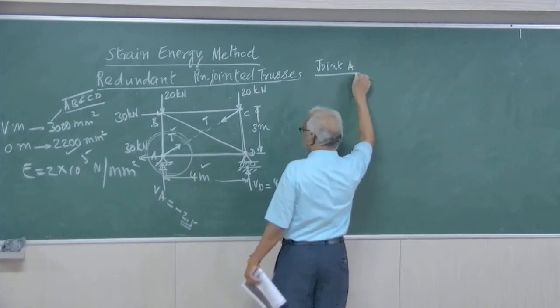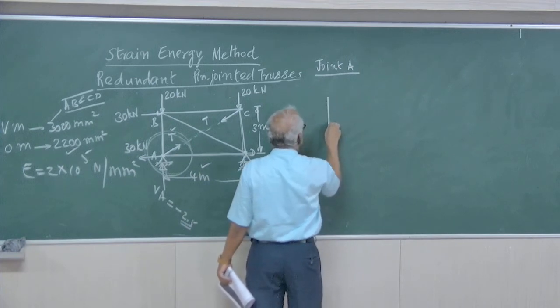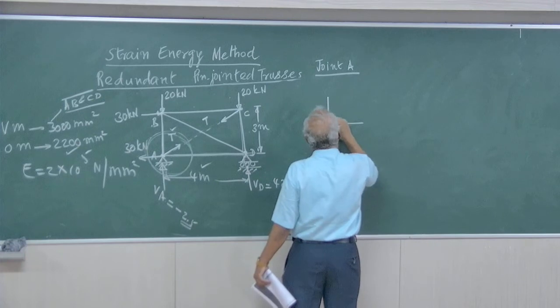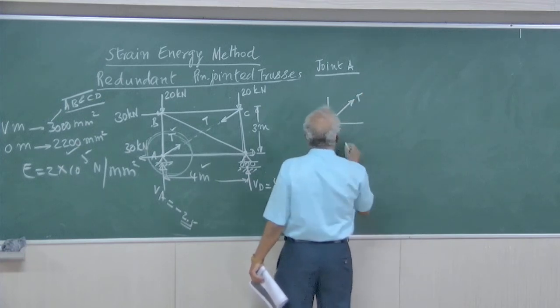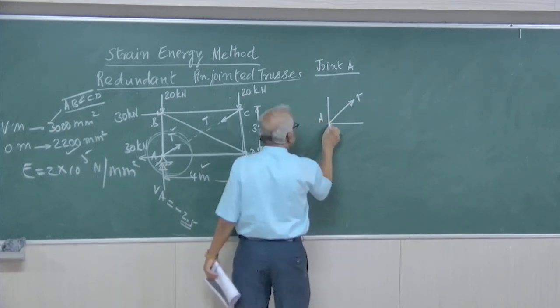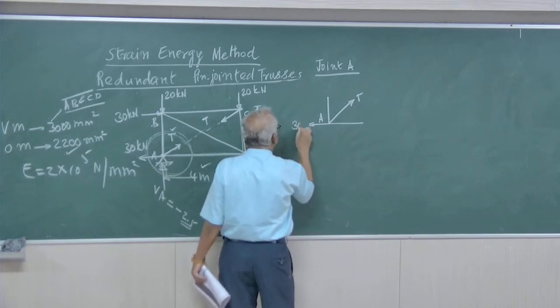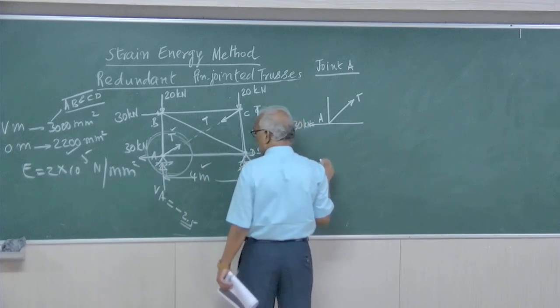So, let us take joint A. Now, at joint A, you have got a vertical member, a horizontal member, and an inclined force T. Now there is a horizontal reaction equal to 30 kilonewton. Mark all the forces, all the reactions and all details around the joint.